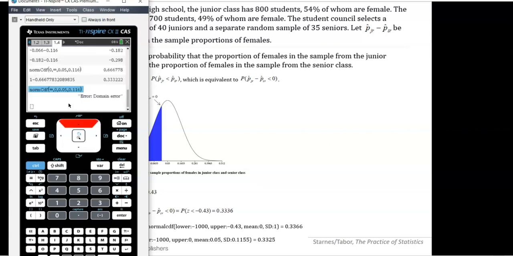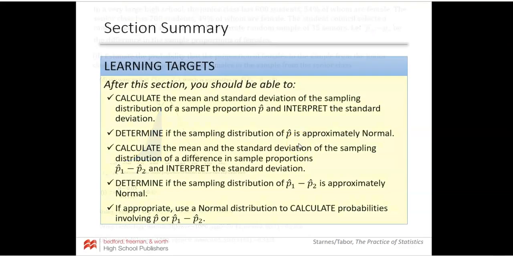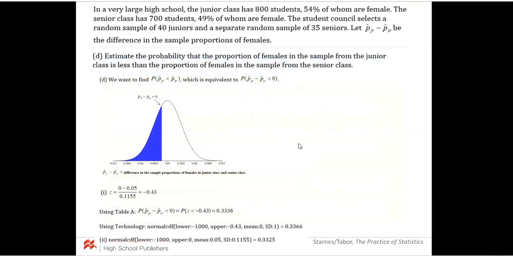I probably should put negative infinity for the lower bound. That's the default anyway, by the way. Yes, there we go, and we get the right answer. So you do have to pay attention to what they're asking for. That's the percentage for the juniors' proportion to be smaller than the senior class's proportion. Okay, great. That's your lesson for today.